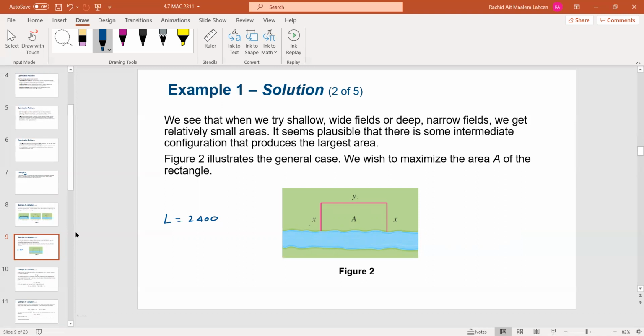So if we introduce x as the width, and we know 2,400, that means we don't need to use y there, because the length of the fence is x plus x plus y, which is 2,400. So y is 2,400 minus 2x. That's what's in the strategy: to express one variable in terms of the other.